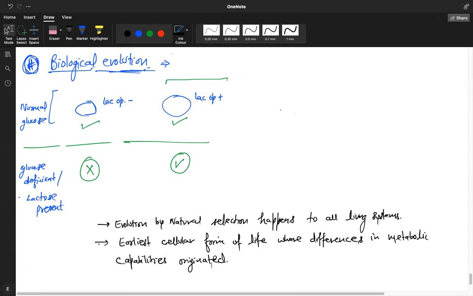That's why we have such a huge variety of bacteria on the planet.